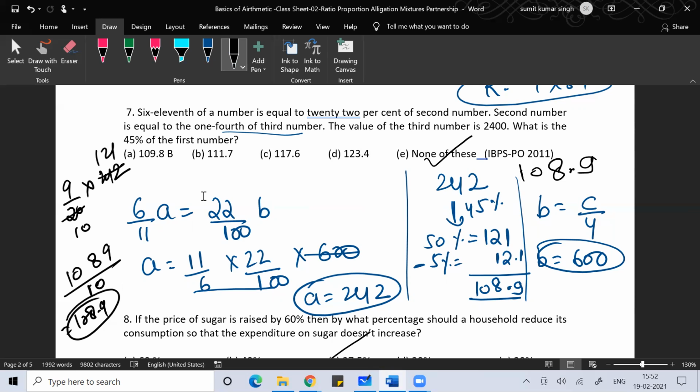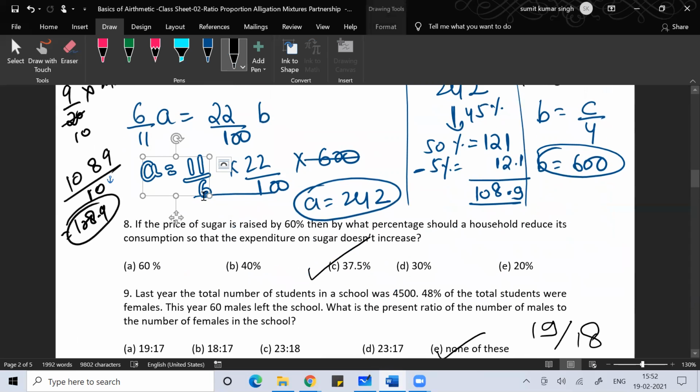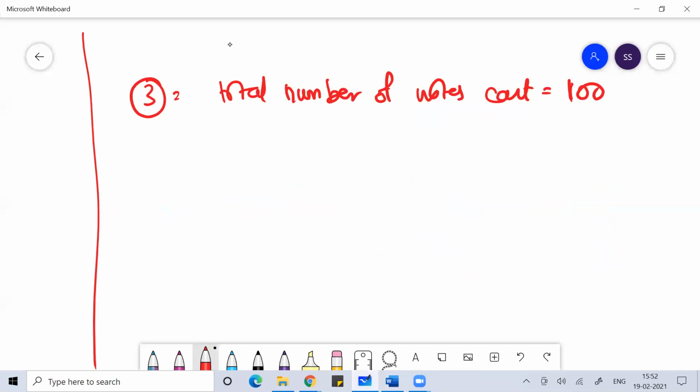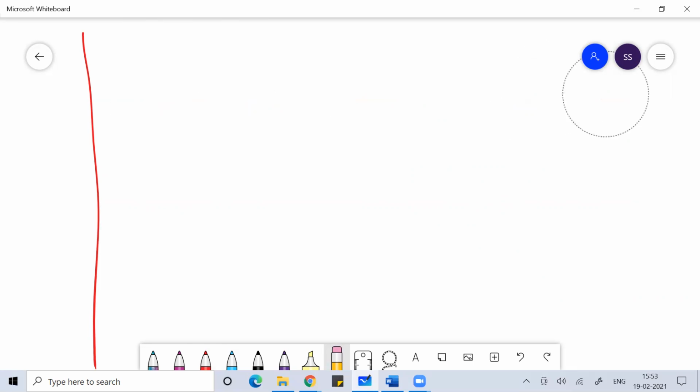Now, next, question number 8 and onwards. For that, you need to know a few concepts, which we use whenever we talk about the relationship between two variables.